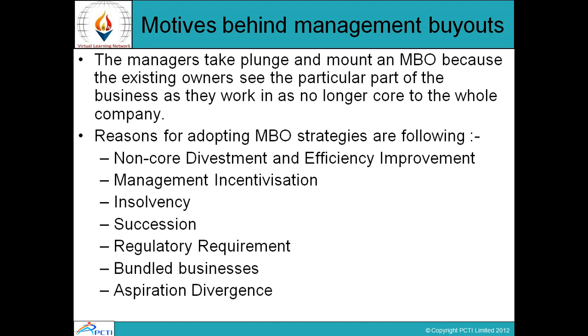Now there are certain common reasons for companies or even individuals to consider adopting an MBO strategy. The first is non-core divestment and efficiency improvements.